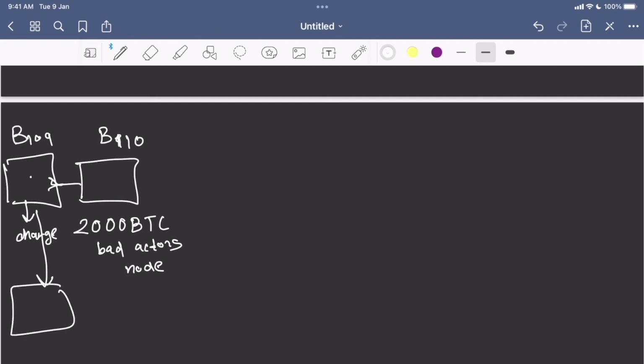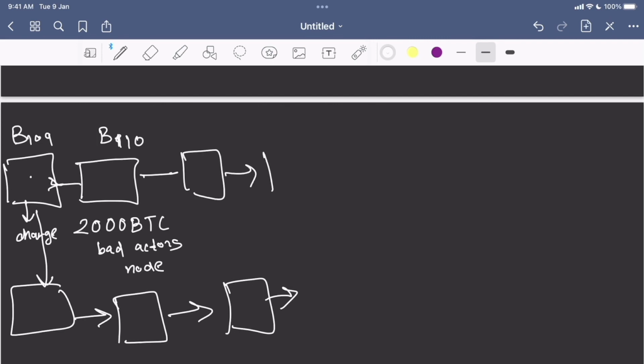And since they have 51% of the nodes, they will try to create a longer chain as fast as possible than this honest chain. So B110, B111, B112 will be the honest chain. They will try to create a fork: FB110, FB111, FB112.